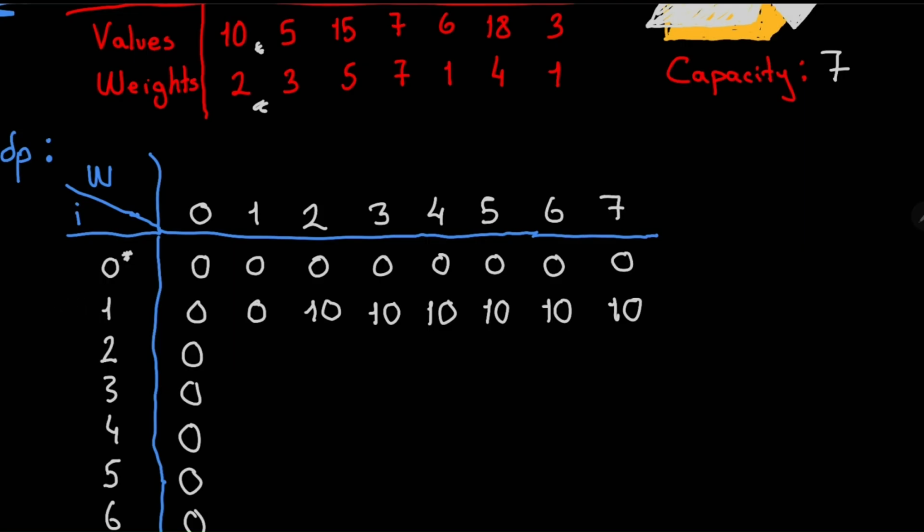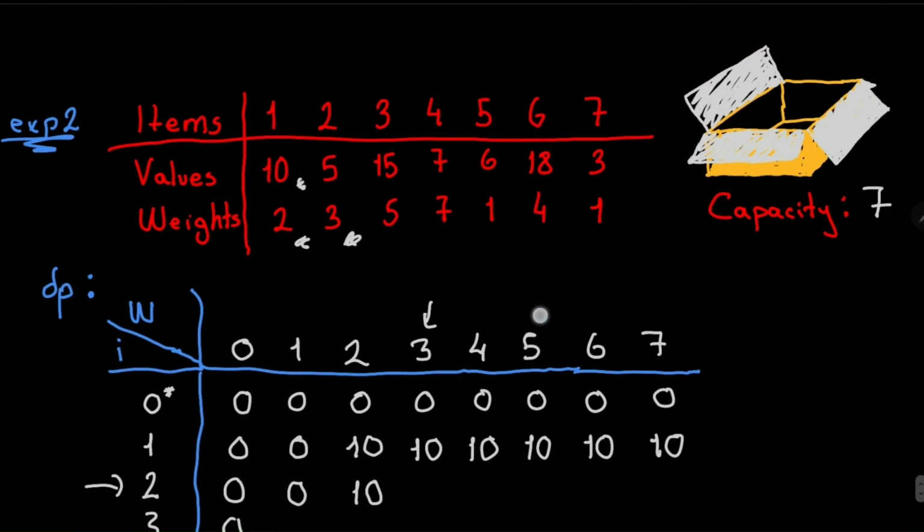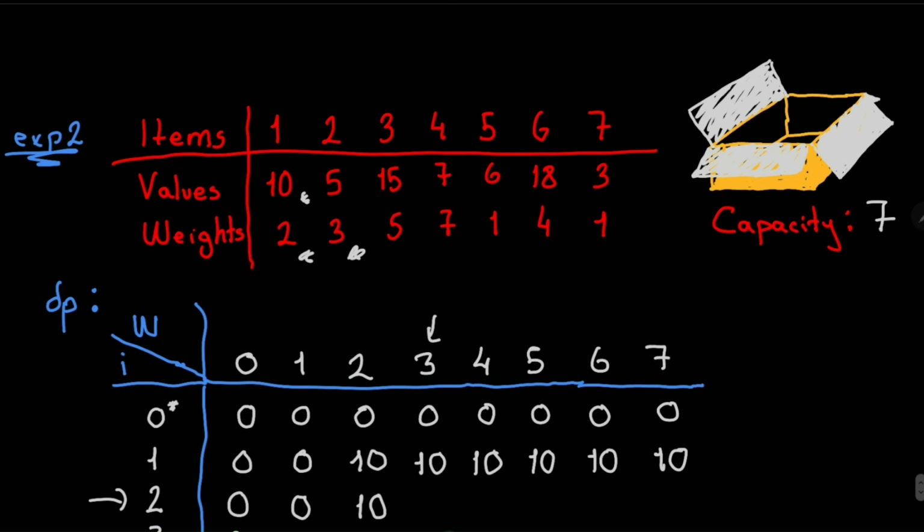Let's look at the item 2. Item 2 has the weight of 3. So, until the capacity of 3, we are taking the previous rows: 0, 10. And for 3, it has a value of 5.